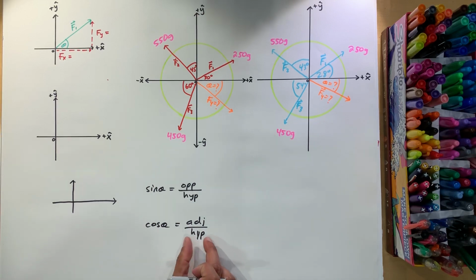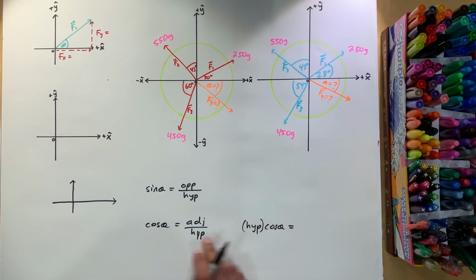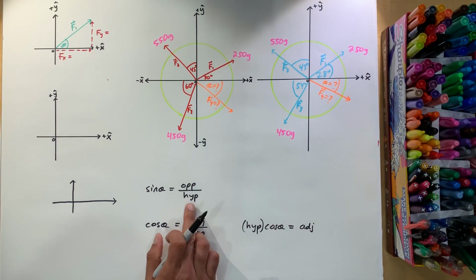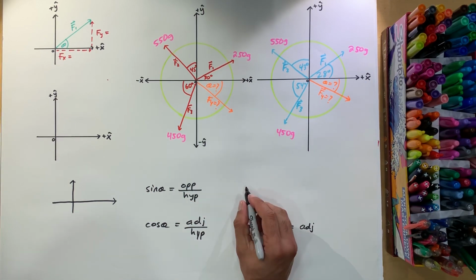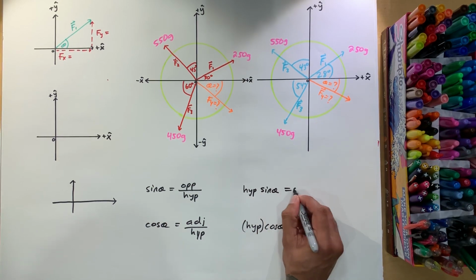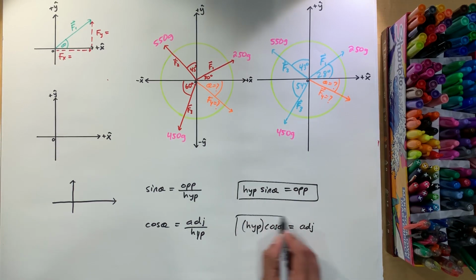And so if I move the hypotenuse over here, I'm gonna get hypotenuse, right, times cosine theta, and that's gonna equal to adjacent. And if I move the hypotenuse up here, I'm gonna get hypotenuse sine theta is equal to opposite. So I want these two representations, right, for the same type of thing here.